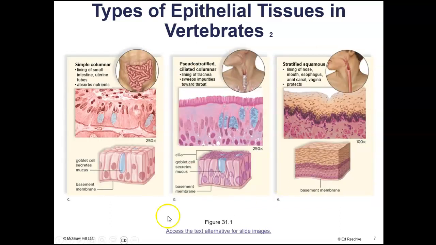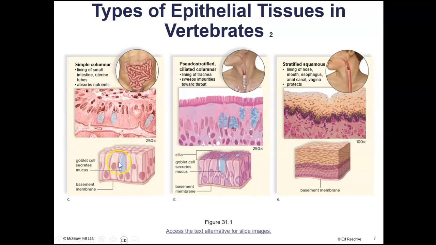Then we have simple columnar, and we find simple columnar lining the intestine. A lot of times the simple columnar at the apical surface, which is this top surface here, will have folds in it called microvilli.